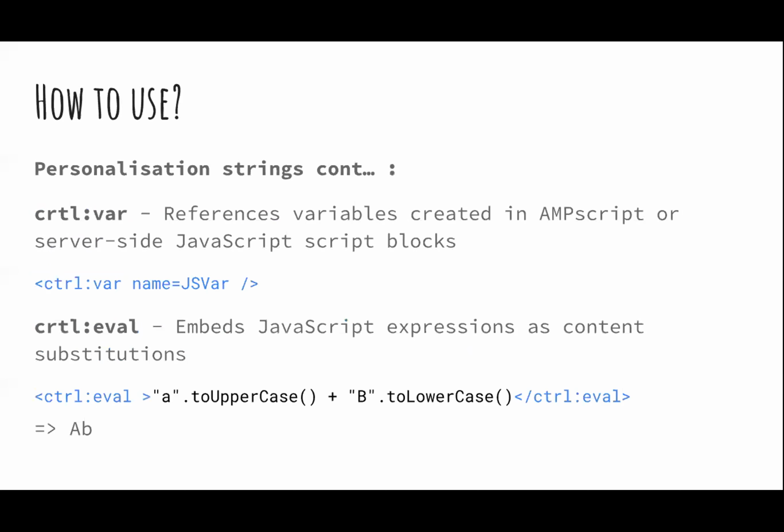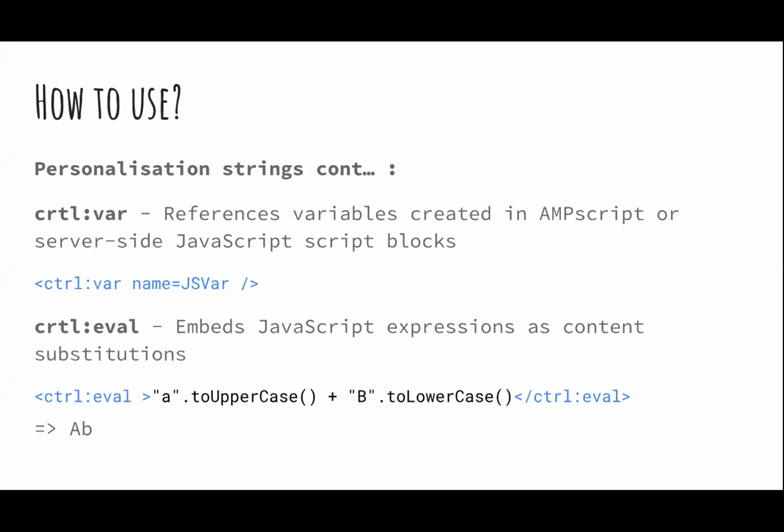You can also insert a variable, and variables that are created in AmpScript or JavaScript you can declare using that syntax, ctrl:var. It certainly looks like control, but anyway, I think it's my dyslexia. So ctrl:eval, I'm just going to keep calling control, it's habit.